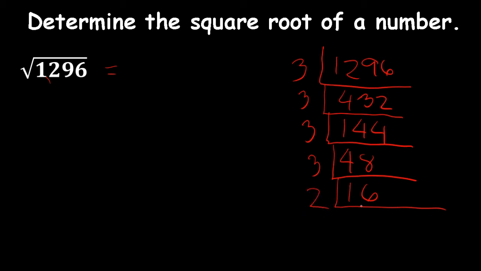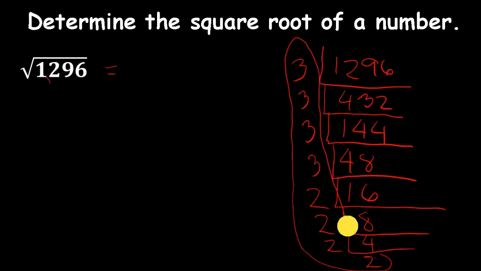And that is equal to 8. 8 is still not a prime number, and it can be divided by 2. 8 divided by 2 is 4. And 4 divided by 2 is 2. So we have already come up with prime numbers.